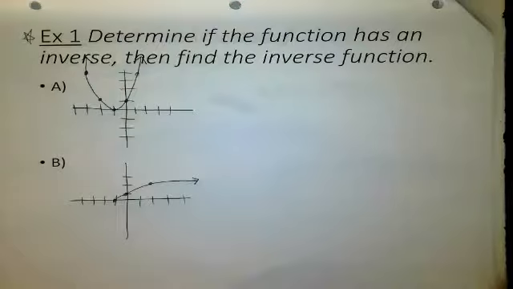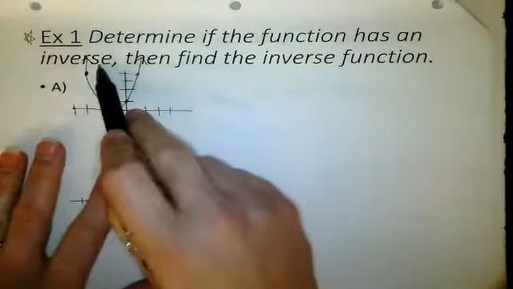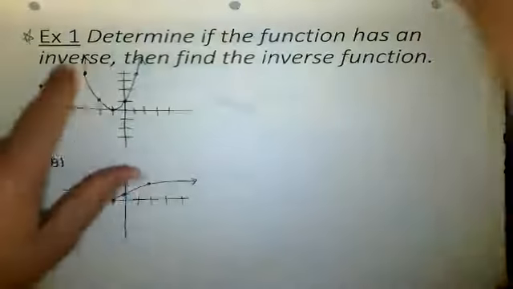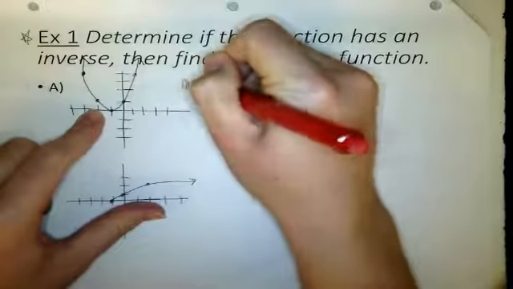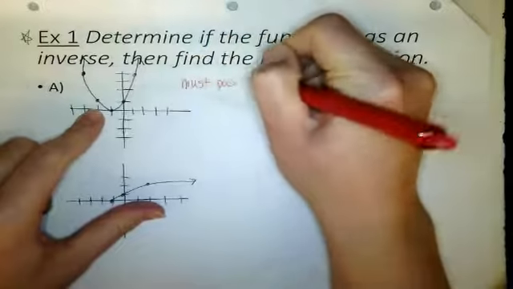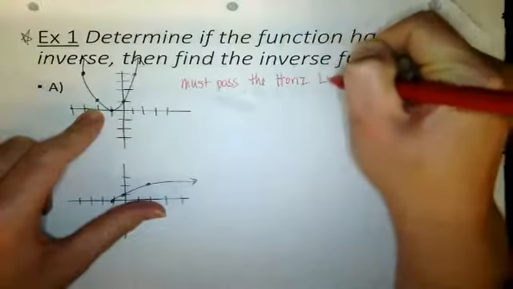Okay, so you have a graph here. So in order to have an inverse, a function, and this is a function, must pass what's called the horizontal line test.